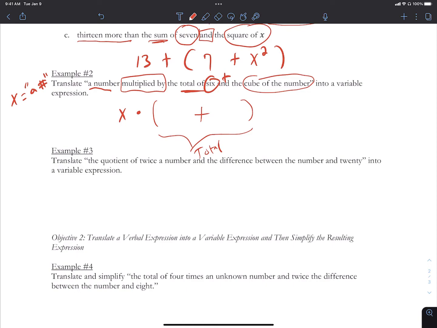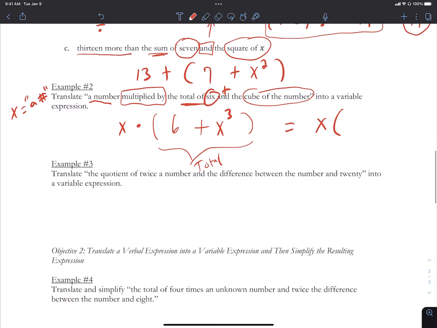In the sum we would have 6 and then the cube of the number would be x cubed, because we're using that same number. So in other words, what you should have is x times parenthesis 6 plus x cubed. And that would be your final answer.